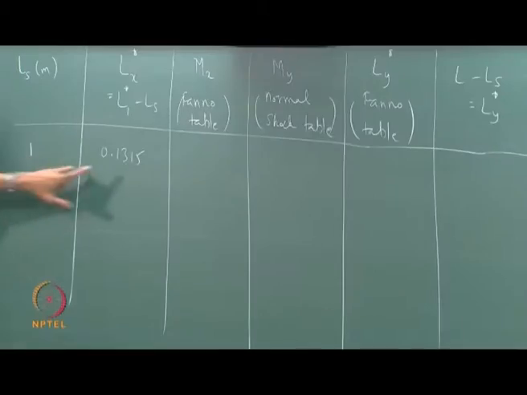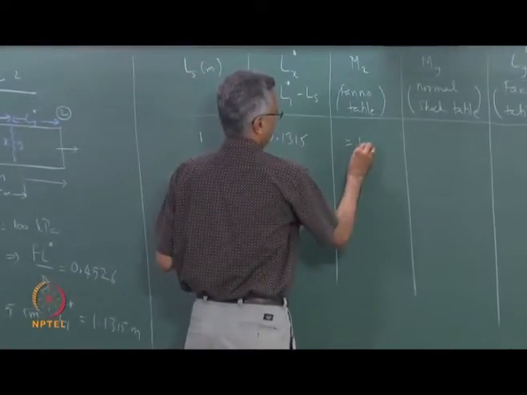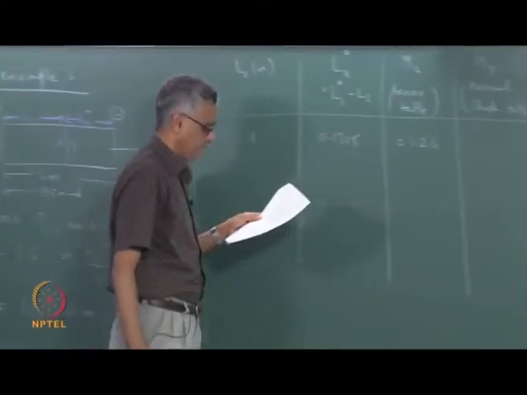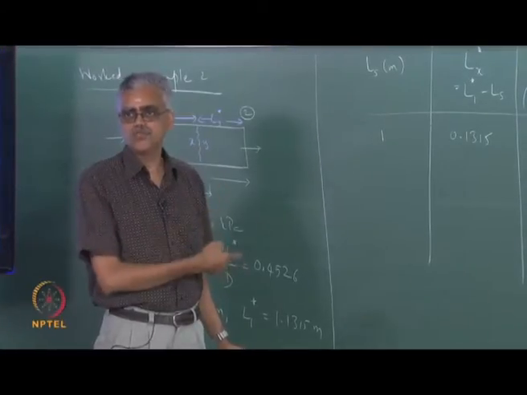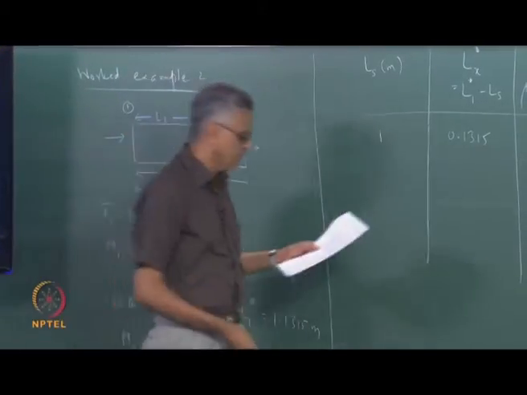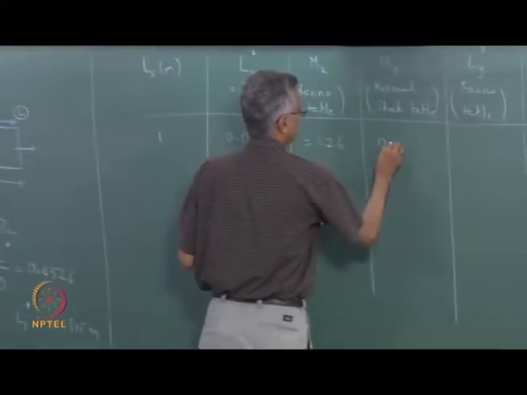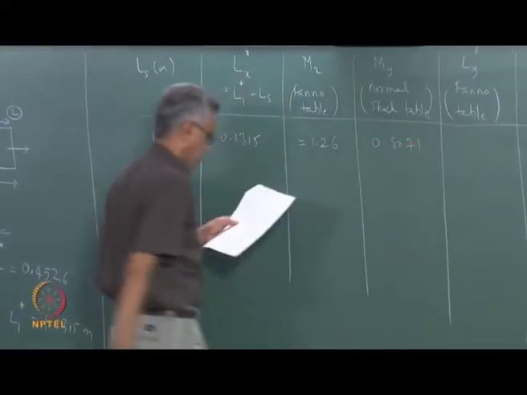Corresponding to that value, I get my Mach number Mx to be approximately 1.26. I now go to the normal shock table corresponding to this value of Mx, and I get my My to be 0.8071.